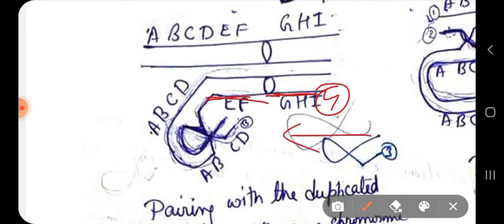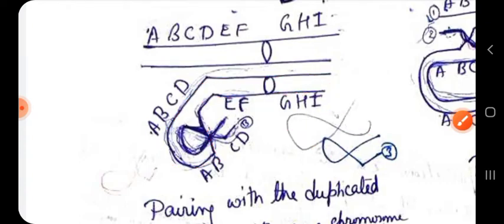I H G, centromere, F E. After F E, D C, then crossing over occurs, B A, then again A B C D, then D E F from the above, then again centromere, then G H I. So now this fourth one has two centromeres present.